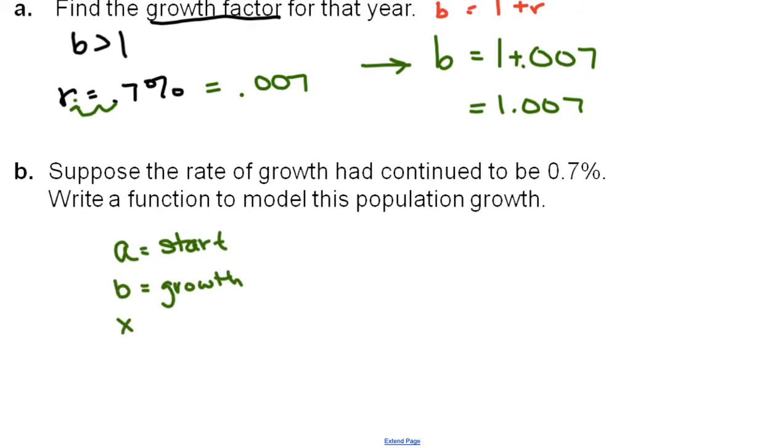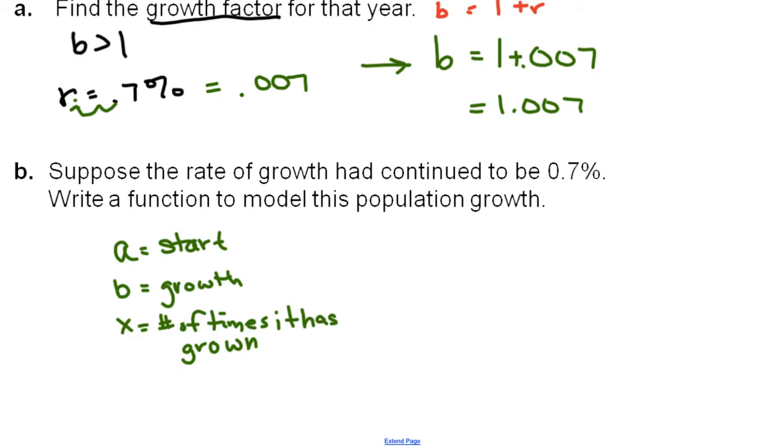And then x would represent the number of times it has increased or grown. Usually it's once a year, but sometimes you'll have them every 3 years or every 5 years, and you have to figure out how many times it has grown over the course of that period of time they give you.